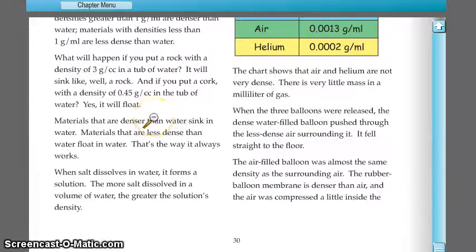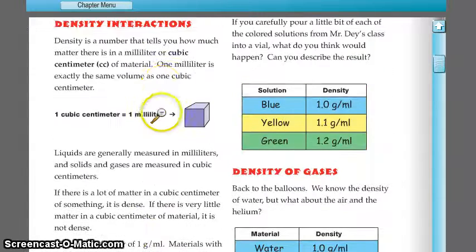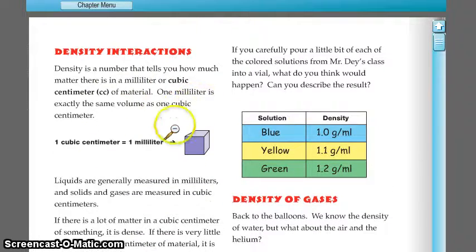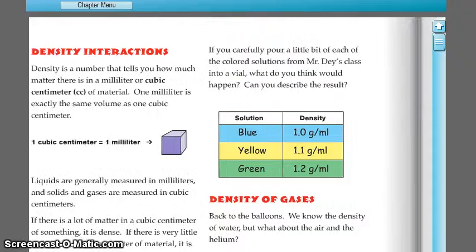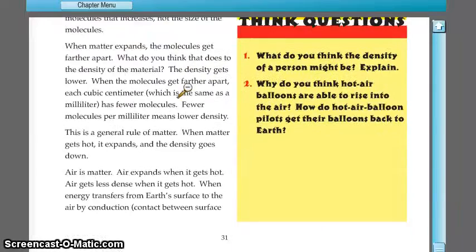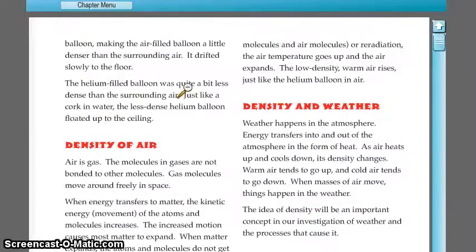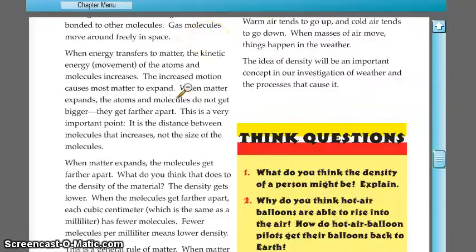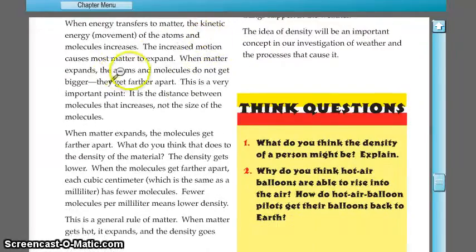The article goes over that again as a recap, how there's no difference between a centimeter cubed and a milliliter. The article finishes off talking about air and the density in air, and then it starts talking about density and weather. And it gets into some different questions.